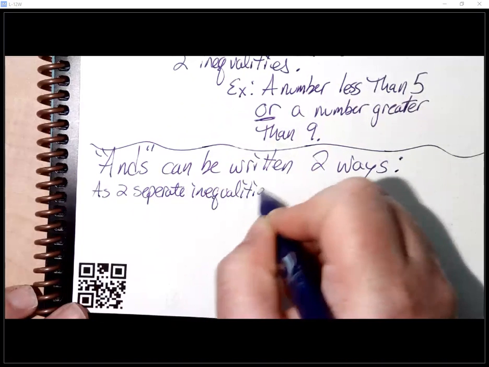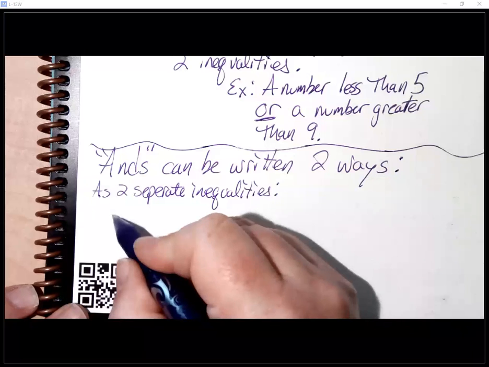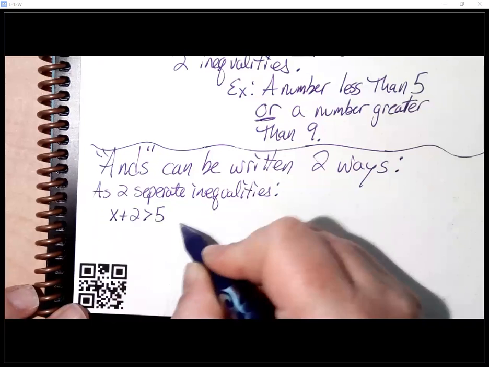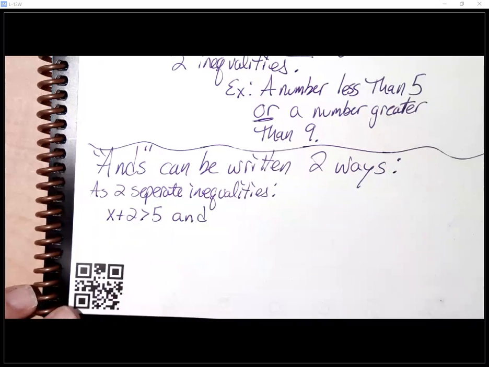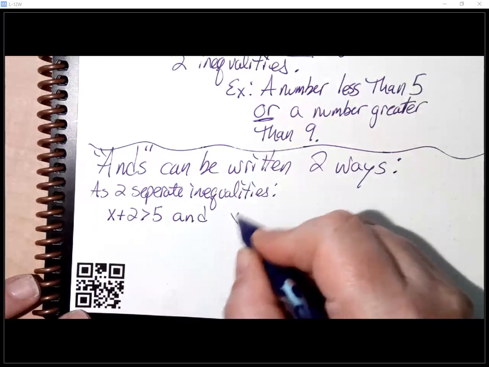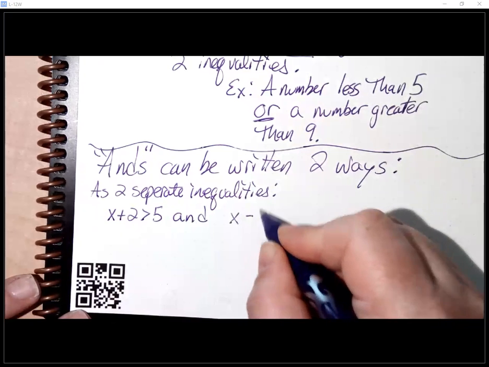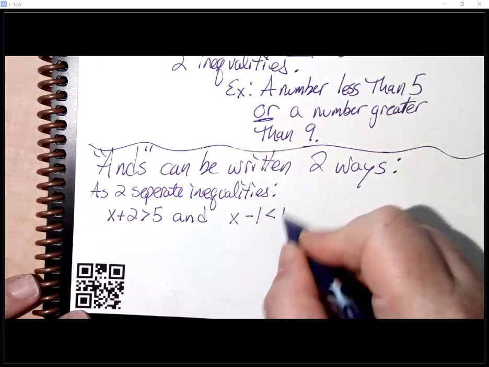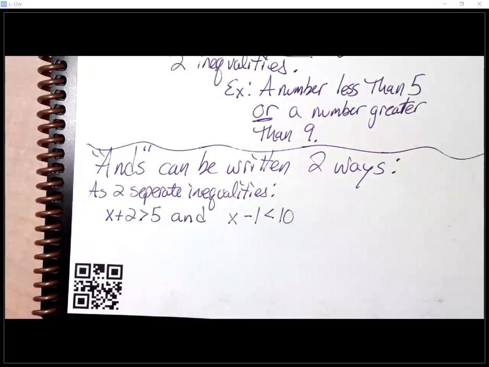So something like that might be x plus 2 is greater than 5, and x minus 1 is less than 10. I don't know. So to solve these, it's actually pretty easy because you're just going to solve each one separately and then make sure that there are numbers that do both.